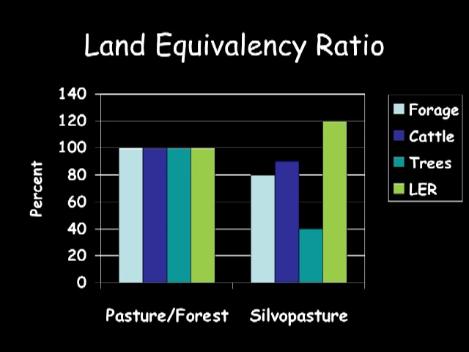And so if I take the two and I merge them, I may see that 20% reduction in forages. I may even see a 10% reduction in cattle performance. Now, I'm just trying to think about this as negatively as possible. But by nature of the fact that I've added trees to the system, I can get increases in total output from that land.